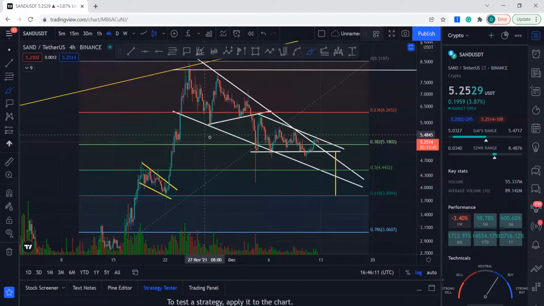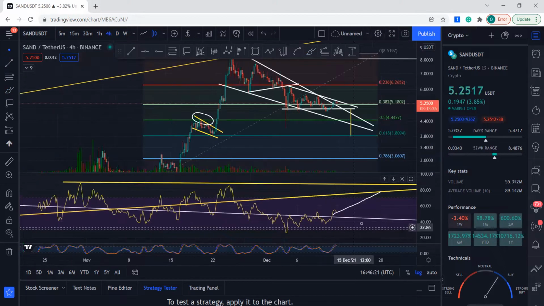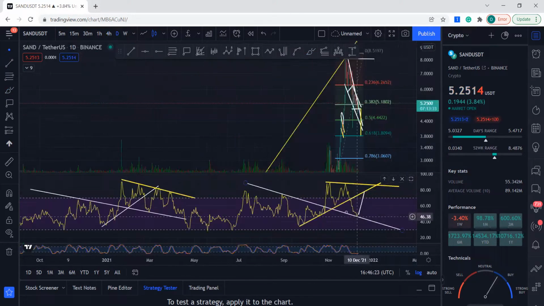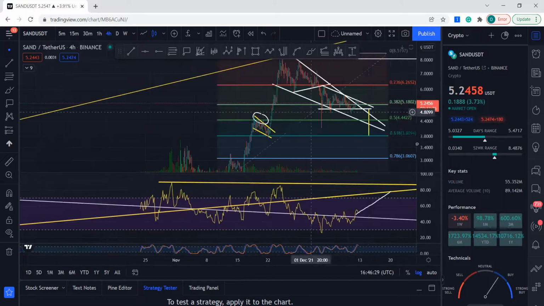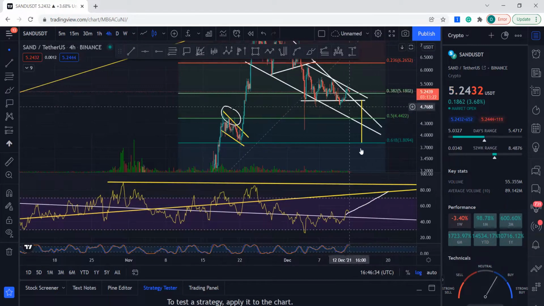And if it finds support at this level, 0.5 level, at the top of this area, then the RSI is still not going to break this support. It's going to come and bounce maybe from here, unless it breaks this wedge formation and comes down.